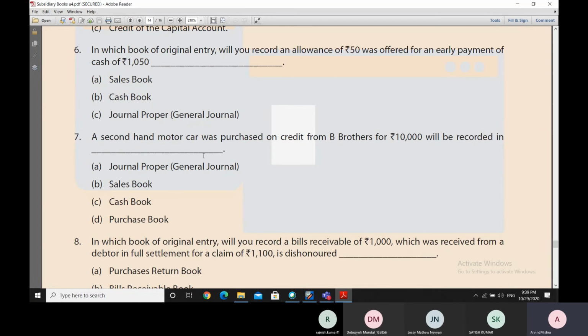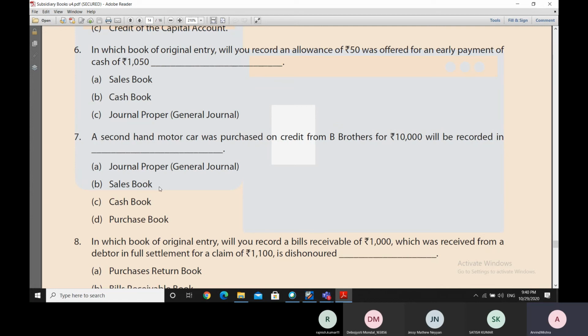Now, a second-hand motor car was purchased on credit from B Brothers for 10,000 rupees. Where will it be recorded? It is a motor car, and therefore it will not be entered into the sales book because the SSC is not dealing in motor cars as such. It will not be entered in the cash book because it is a credit purchase, and it will not even be entered in the purchase book because it is not goods in which the company is dealing.